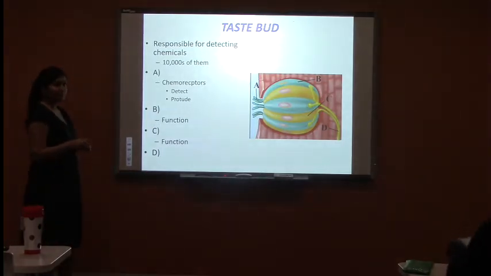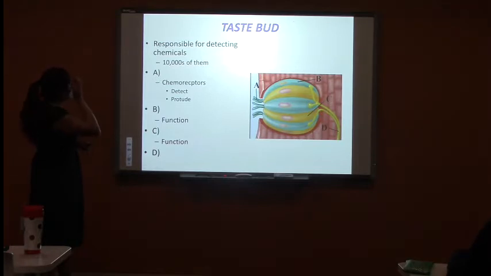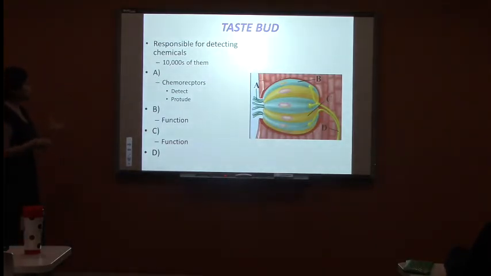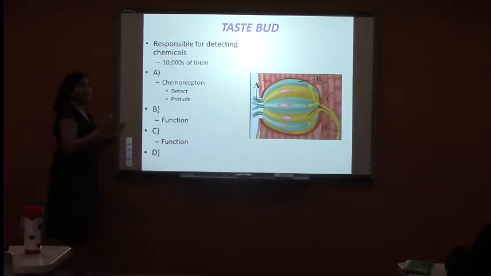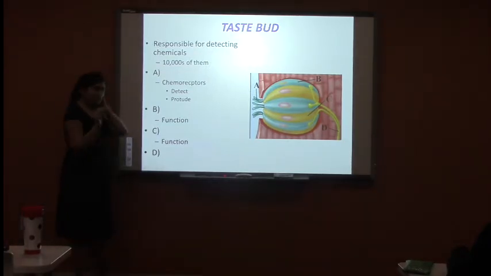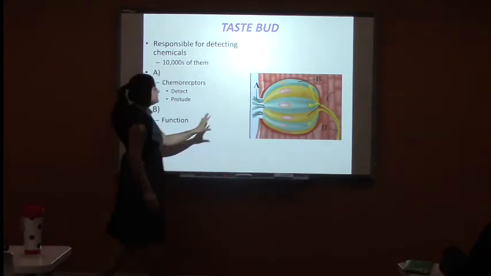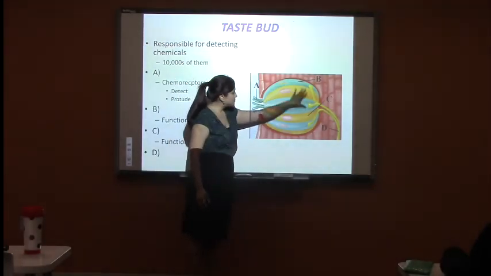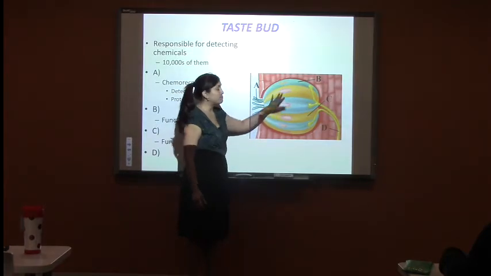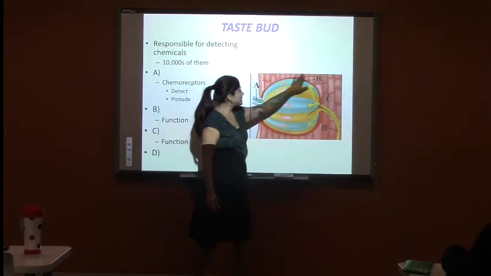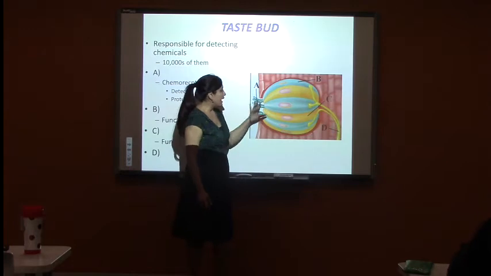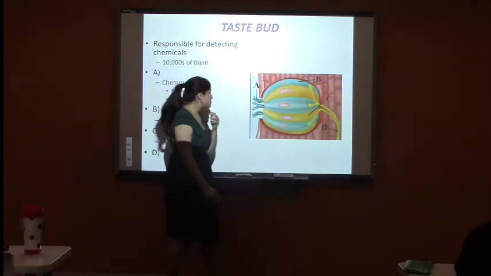Taste bud. Responsible for detecting chemicals are thousands and thousands of them on the tongue. And you will hear about papilla and everything, Dr. Yin will get into that. Okay, so now, this is one taste cell, or I mean taste bud. Okay? Here's epithelium, here's the tongue, and embedded within the tongue you have taste buds.